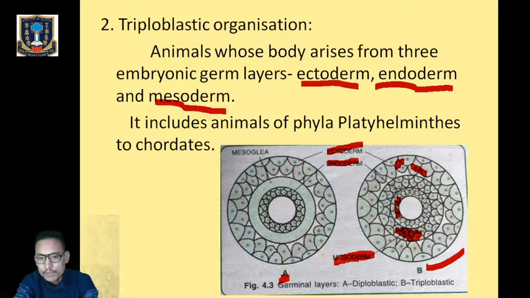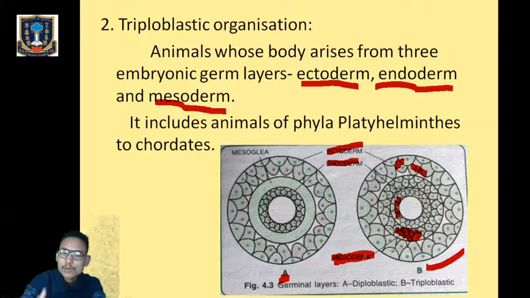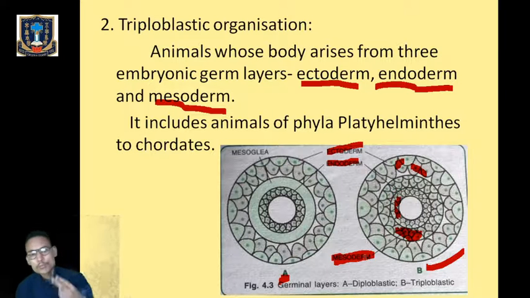So we have got the third layer in case of triploblastic organization between the ectoderm and the endoderm. The presence of two layers, ectoderm and the endoderm, separated by mesoglea, is diploblastic. And those animals where you have got three embryonic germ layers, the outer ectoderm, the inner endoderm, and the middle mesoderm, will be our triploblastic animals.